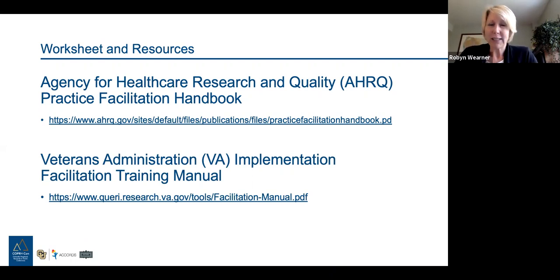These are the buckets that Stephanie just went through, and some questions to help you think about, have I thought this through as thoroughly as possible, so it's not a hindsight-is-2020 situation right as you're getting started implementing your project. So that activity sheet is helpful in terms of writing proposals and thinking about your projects in general.